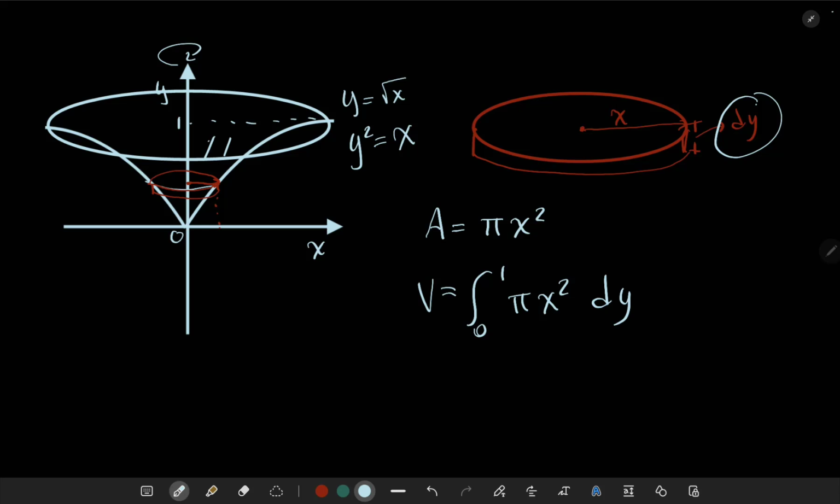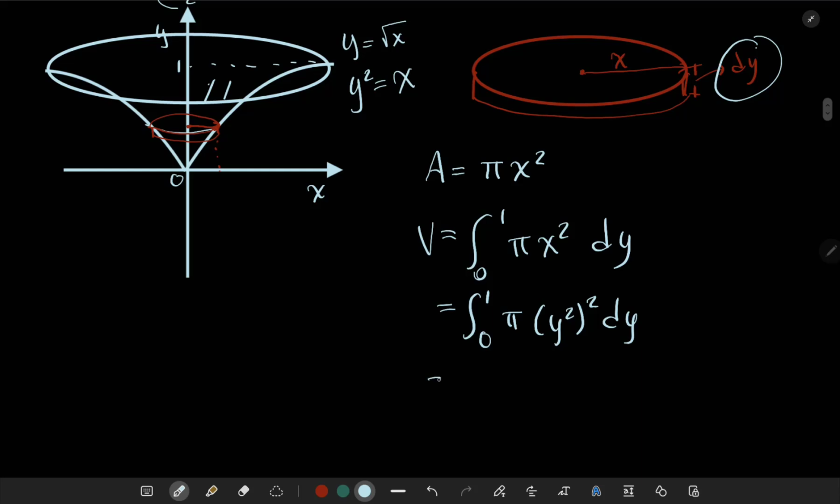Now I'm going to plug in y squared for x, and so I'm going to be able to integrate from 0 to 1 of pi, and instead of x I'm going to put y squared and then square again. So I'm having the integral from 0 to 1 of pi y to the 4th dy.